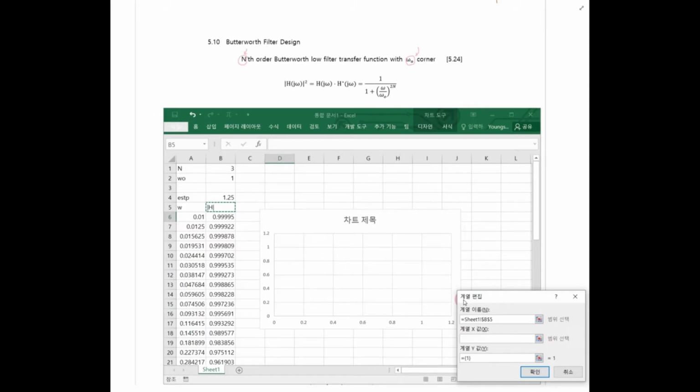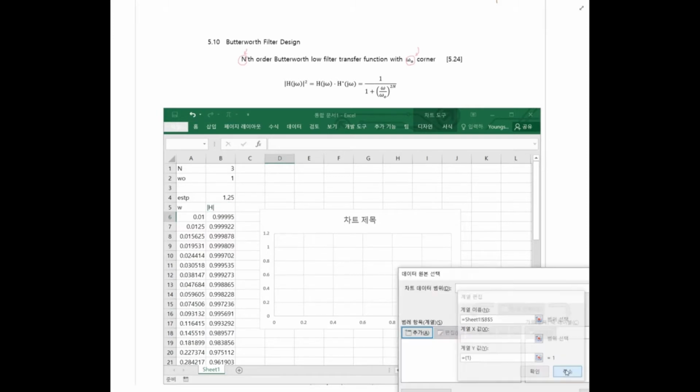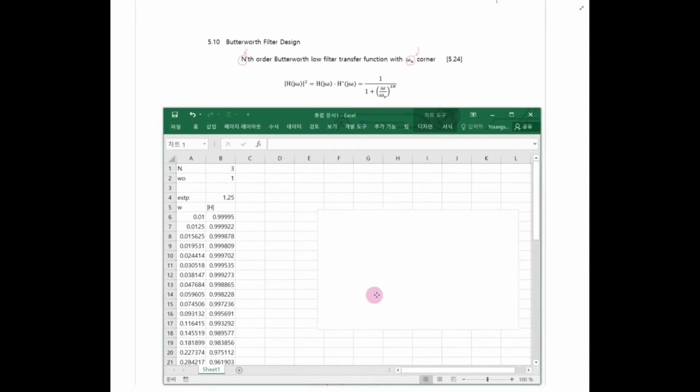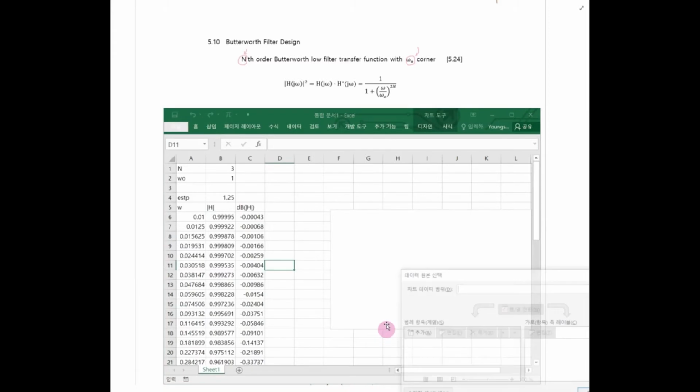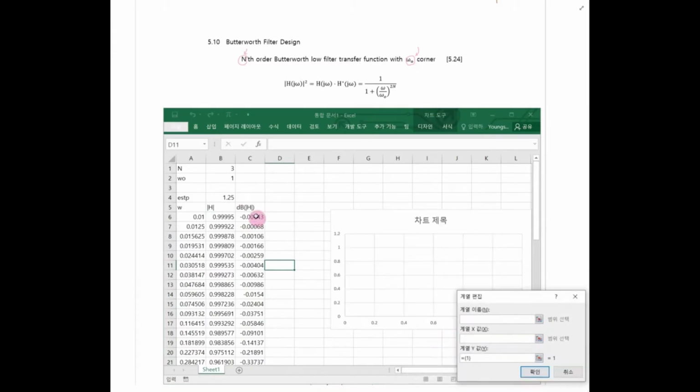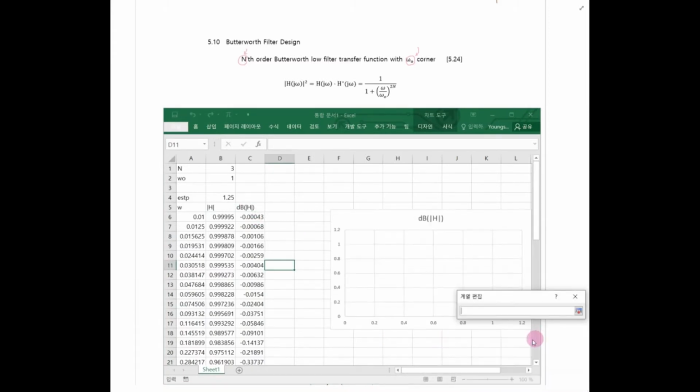I think I need to plot that one on a dB scale. To take the dB scale, I need 20 times log 10 of this one. So I need to plot this one not by the linear step. This one is the magnitude response, and the frequency goes up to 50.